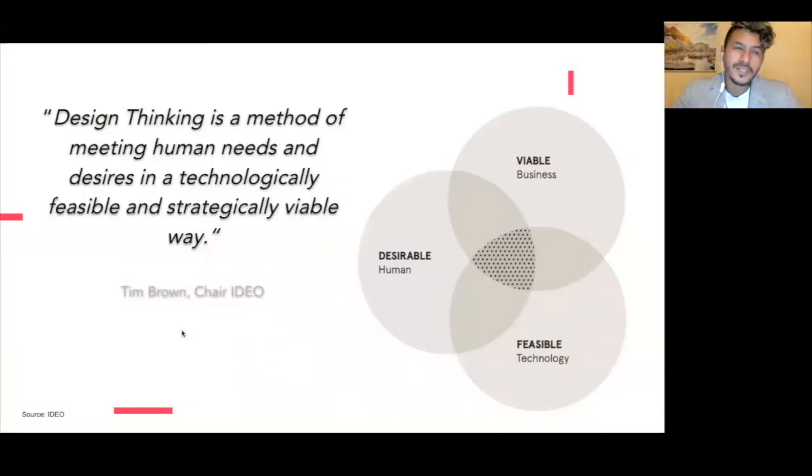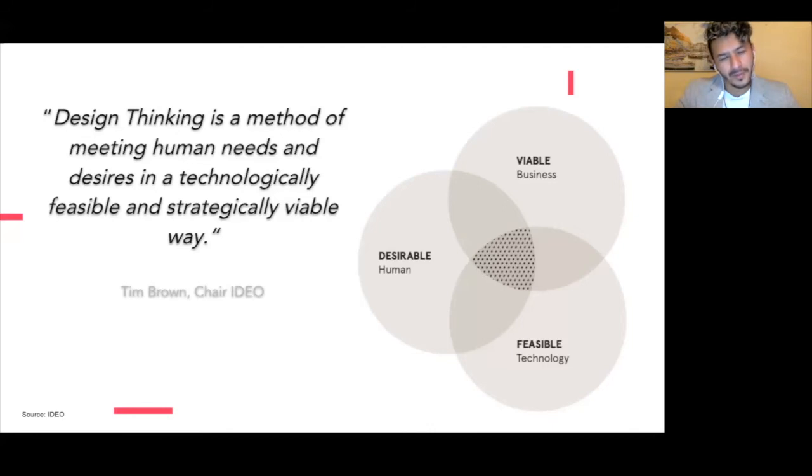There are many institutes that have worked with design thinking, but it started in the United States, at Stanford University, in the design school, 25 or 30 years ago. The simplest way to think about design thinking is that it's a methodology that helps you solve problems in a specific way.